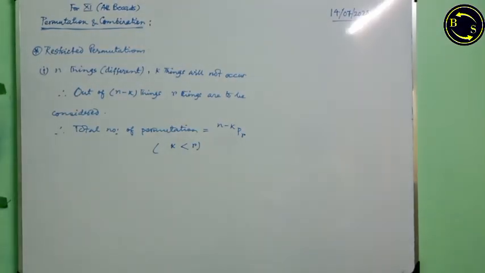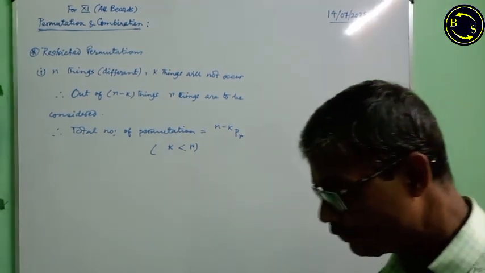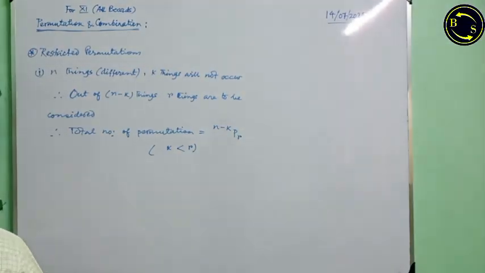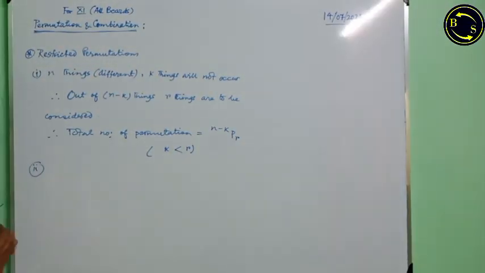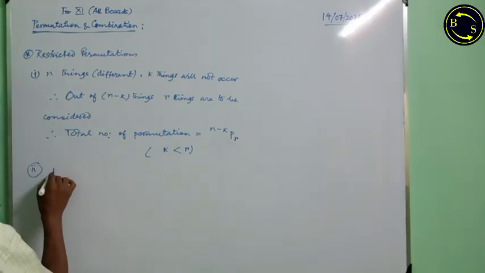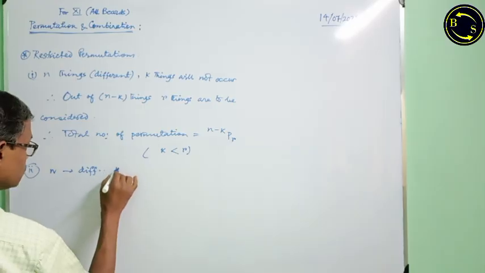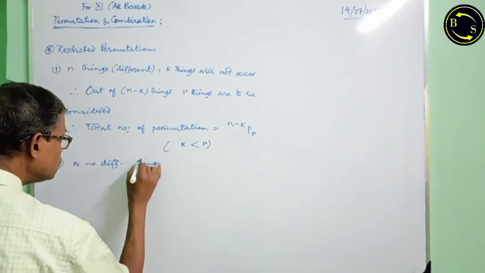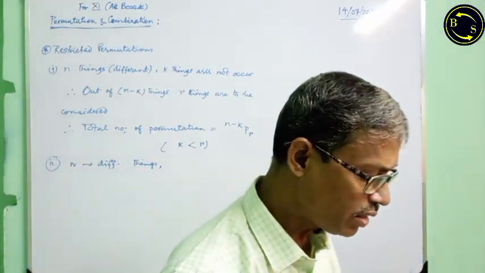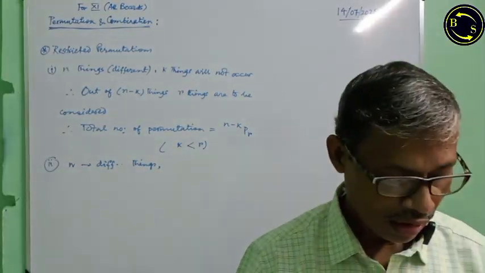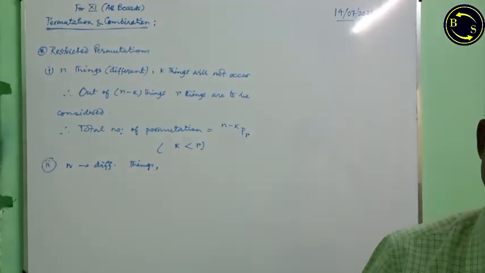Next one is to determine the number of permutations of n different things, and the restriction is that k particular things will always occur.